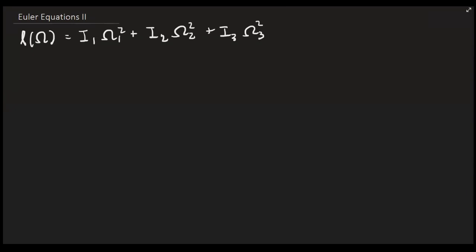And then I1, I2, and I3 are the moments of inertia around the principal axes. So when you use the principal axes basis, which moves with the body, the Lagrangian has this really simple form. It's an isolipse.